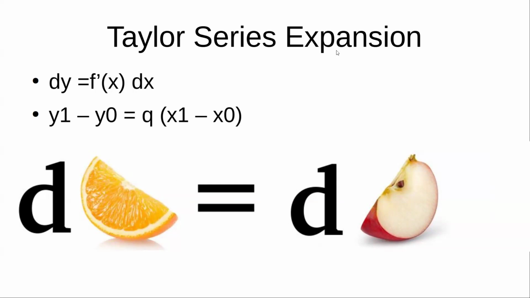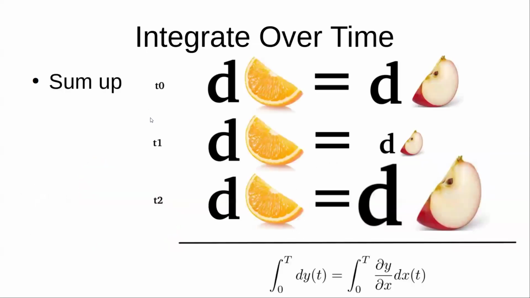And Taylor expansion says that the difference in the option price will be the difference in the stock price times a certain quantity, which is the derivative of the function that we don't know yet, but we know it measures how much the option depends on the stock, how much the orange depends on the apple. And I visually depicted it like this without the Q, because the Q is essentially how much. So it's more obvious here.